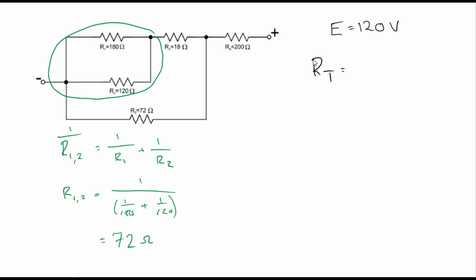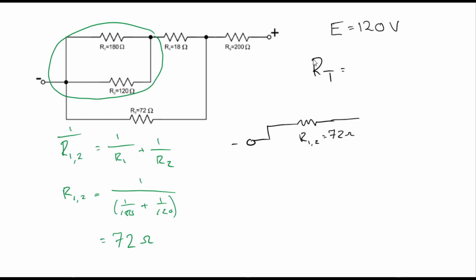So now what I'm going to do is draw an equivalent circuit. It's not going to be the same because we've just combined those two in parallel. So my new circuit is going to look like this: I'm going to have my negative terminal, and I'm going to have my new R1 and 2 that I just combined, and it's 72 ohms.